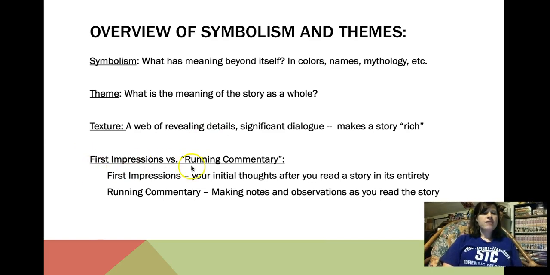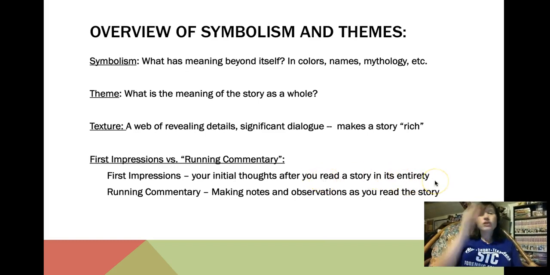Alright, and then first impressions versus running commentary. Our text, chapter 1, talks about this a little bit. First impressions are simply that, what you initially think after you read the story. So if you're doing first impressions of a story, you would read a story from its beginning to end and then write about it. So you'd be like, okay, I watched the movie, now I'm going to tell you my top 10 favorite things about it.